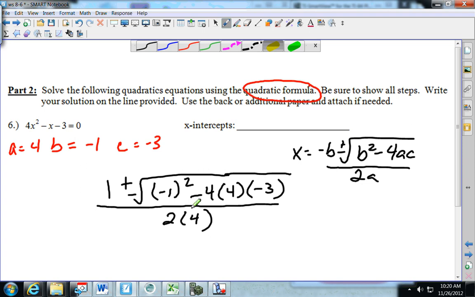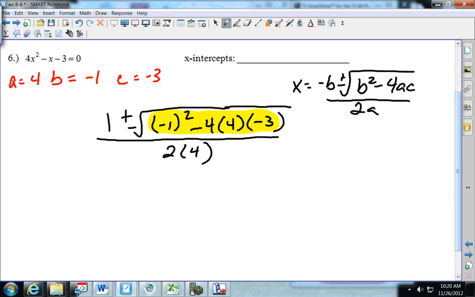Now, you need to put in the calculator and find out what is underneath the square root sign. So I'm going to have 1 plus or minus the square root, and I don't know what that is. 2 times, hey, don't forget to multiply these two. 2 times 4 is 8. All right, let's see what's underneath the square root sign.